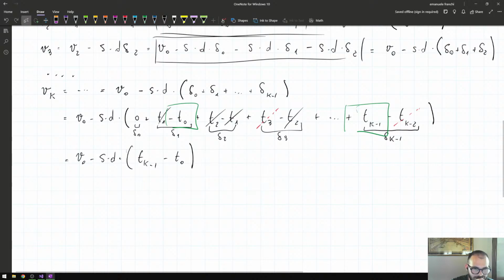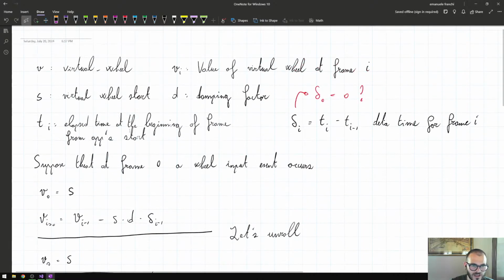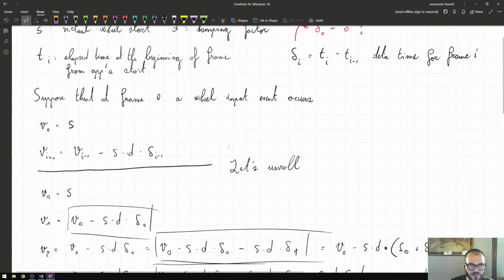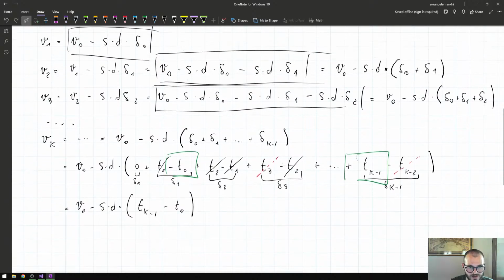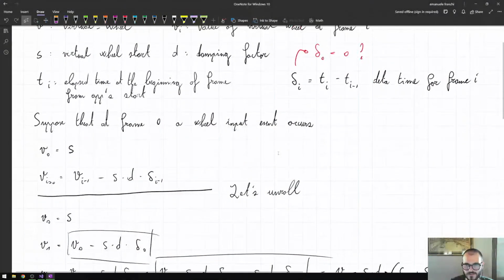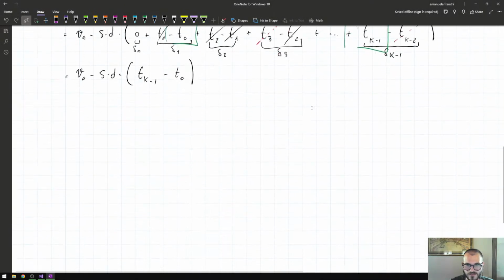But what's this? t0 is the elapsed time at the beginning of the frame from the app's start, so we know that t0 is basically 0, by definition.